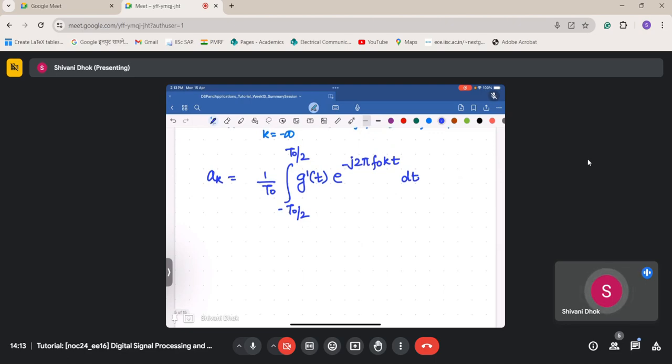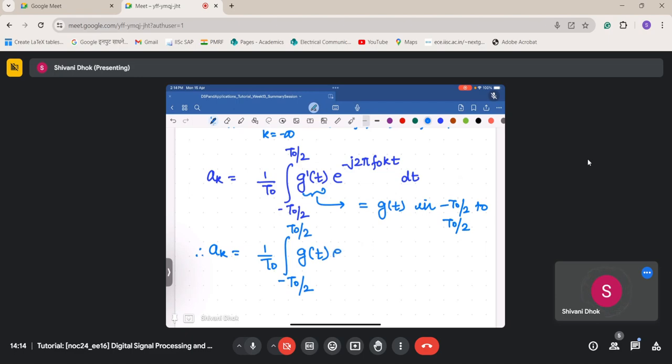Now in this region, from minus T naught by 2 to T naught by 2, this g prime of t is equal to g(t). Why? Because it's given that it is a time limited function. So therefore, this a_k will be equal to 1 over T naught integral from minus T naught by 2 to T naught by 2 g of t into e power minus j 2 pi f naught k t.